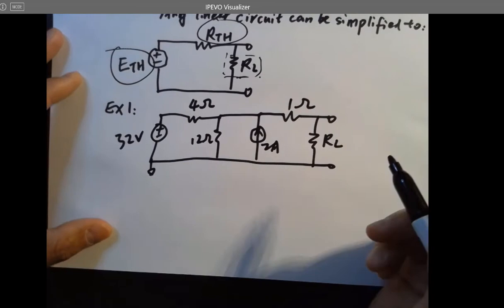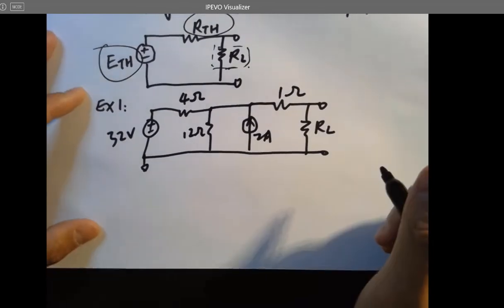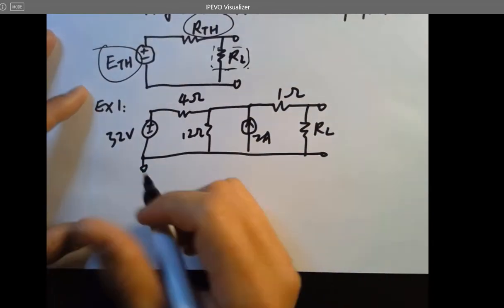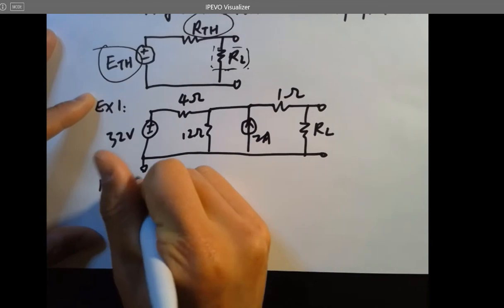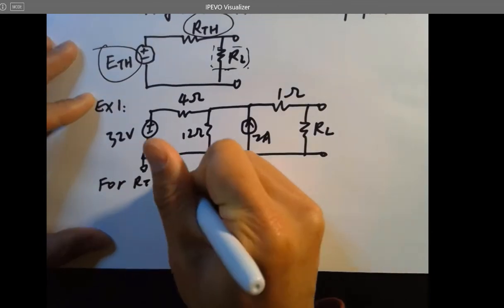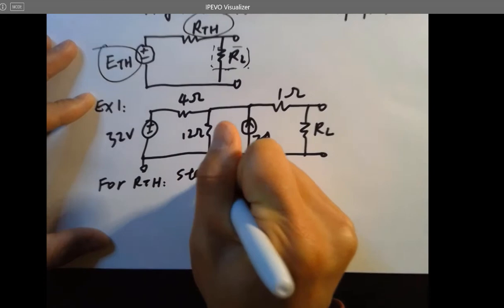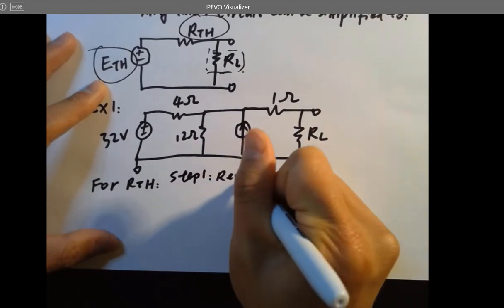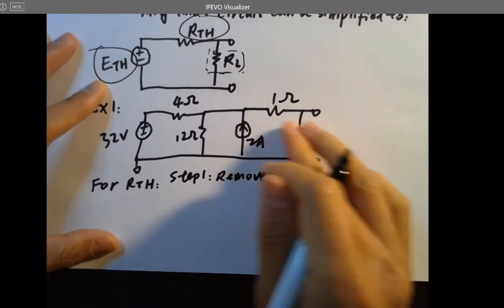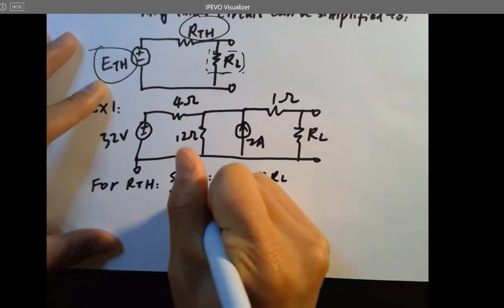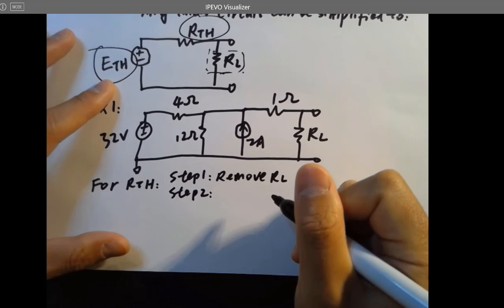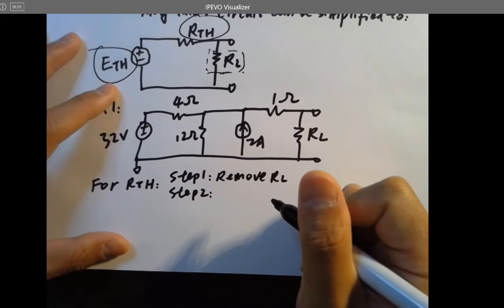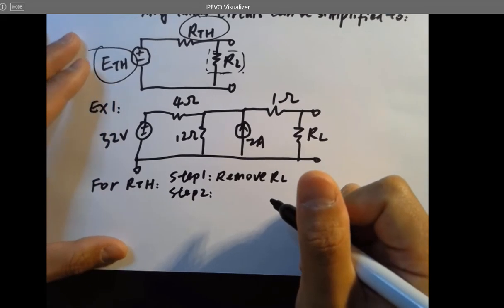I'm going to do RTH first and show you the procedure to get RTH. For RTH, step 1, remove RL. Remove the load. Step 2, short the voltage source or remove the current source.